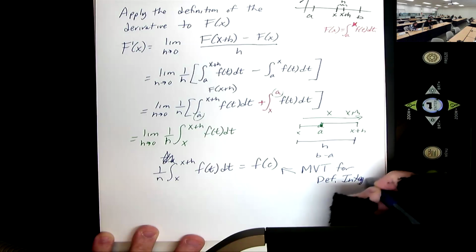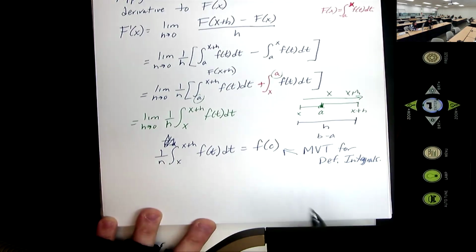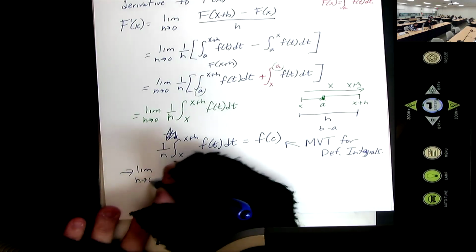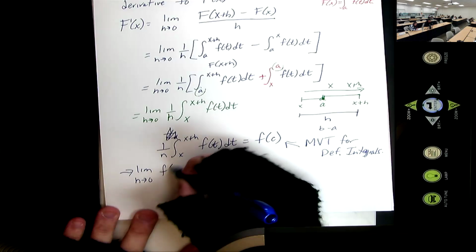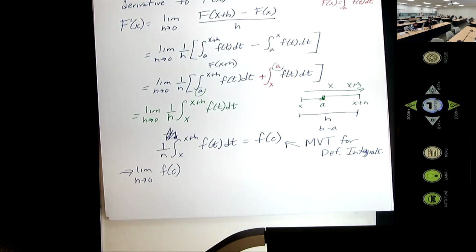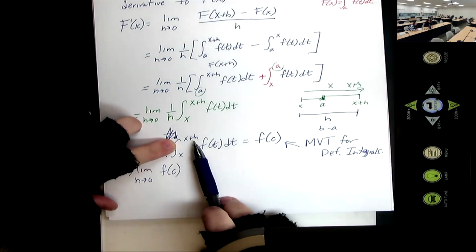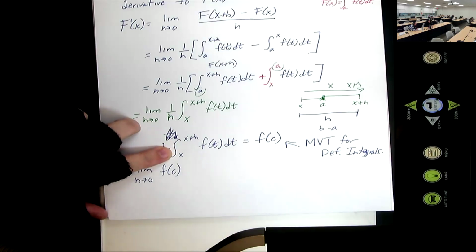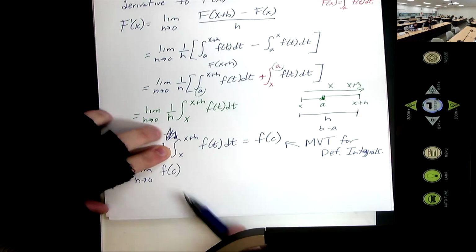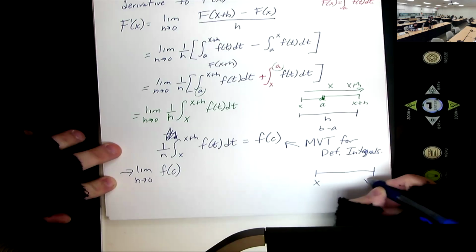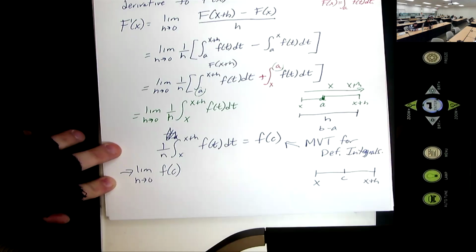So I'm going to put that in: the limit as h goes to 0 of f of c. What happens as h goes to 0 if I'm going from x to x plus h? Doesn't c have to be somewhere in the middle, between x and x plus h?